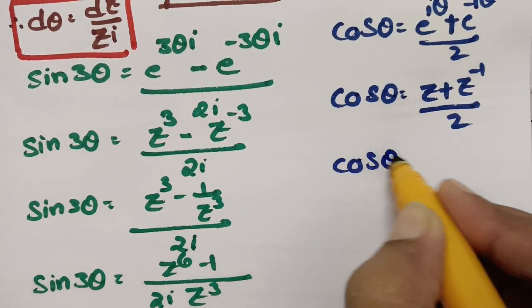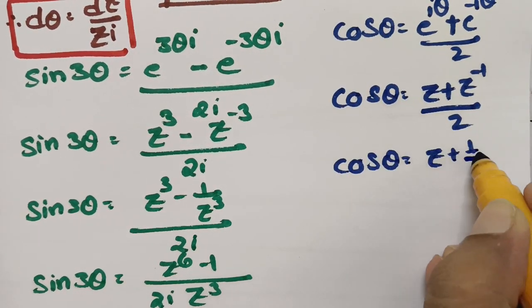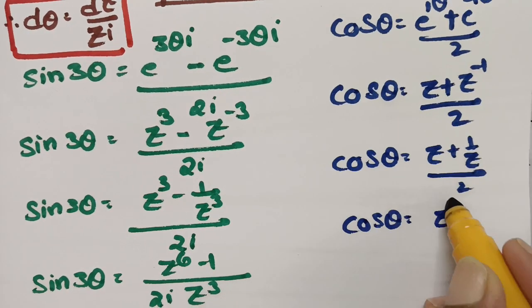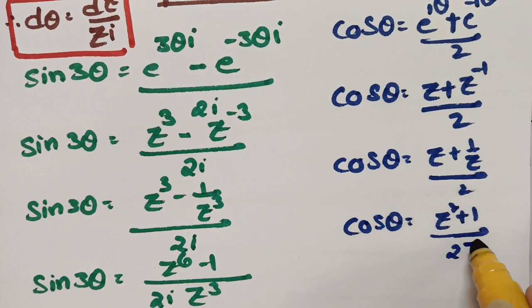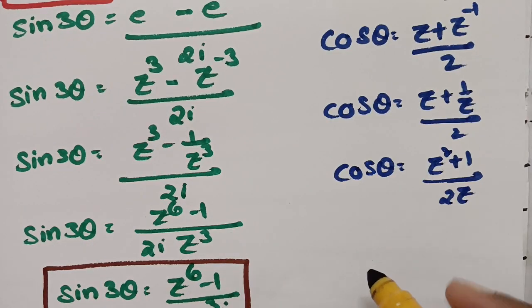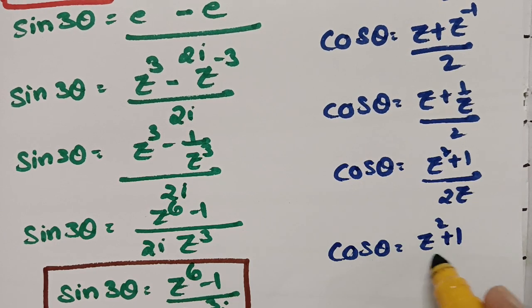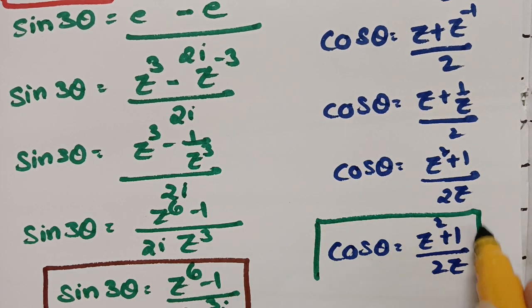Therefore cos theta is equal to z plus 1 by z, by 2, and therefore cos theta is equal to z square plus 1 by 2z. So we got the cos theta value as z square plus 1 by 2z. So all the values are ready for substitution.